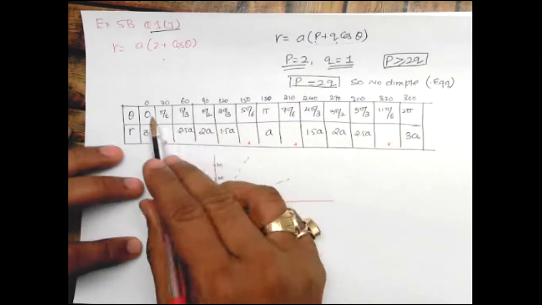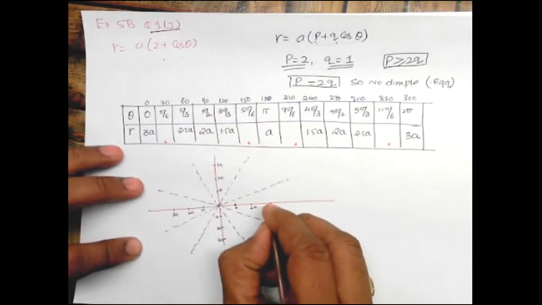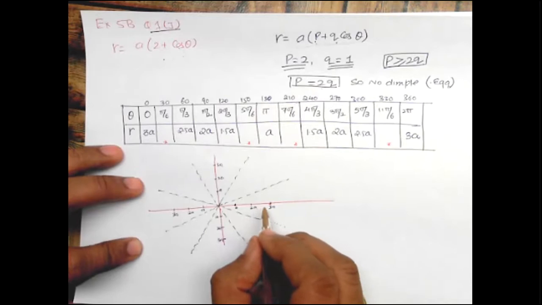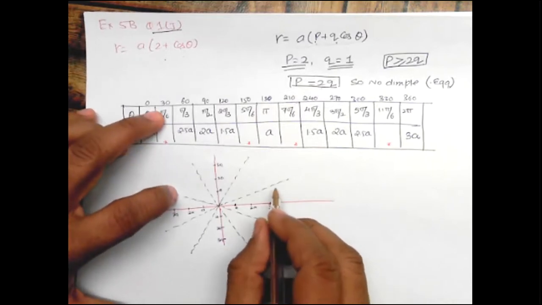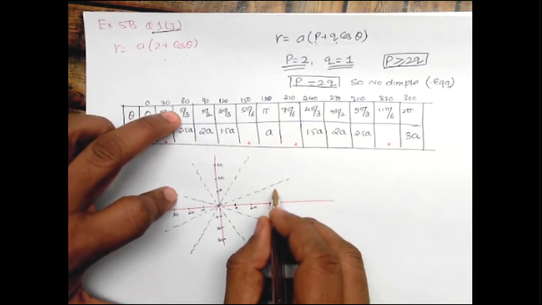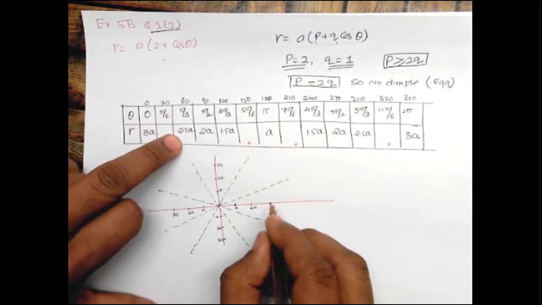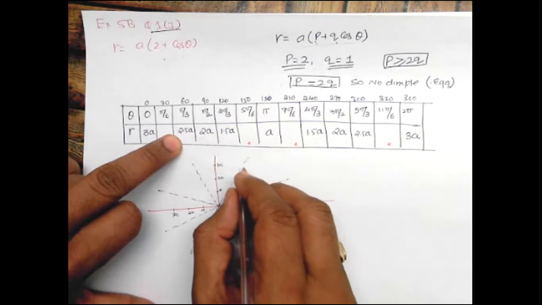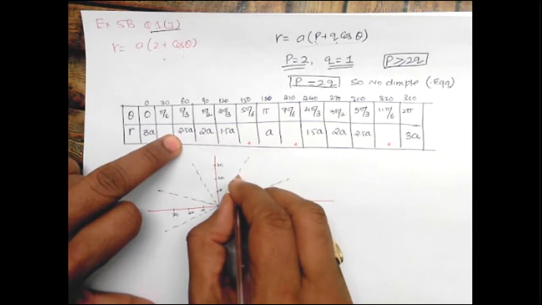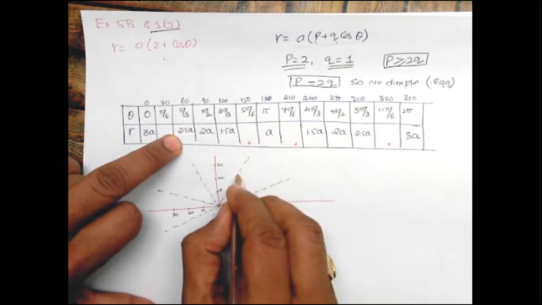Okay, so when theta is 0, it's 3a. I'll label it a little to see how far. When theta is 30, we don't know the value. When theta is 60, it is 2.5a, which is slightly lower than 3a. So the curve is coming something like this.